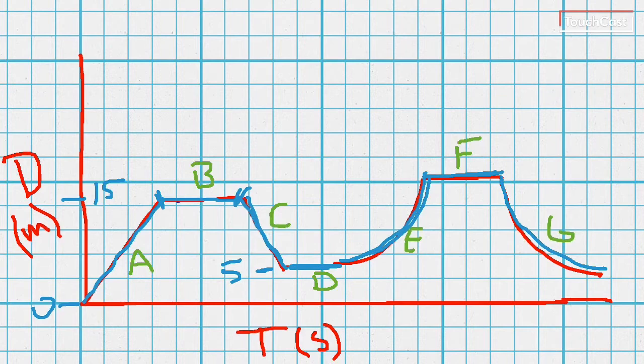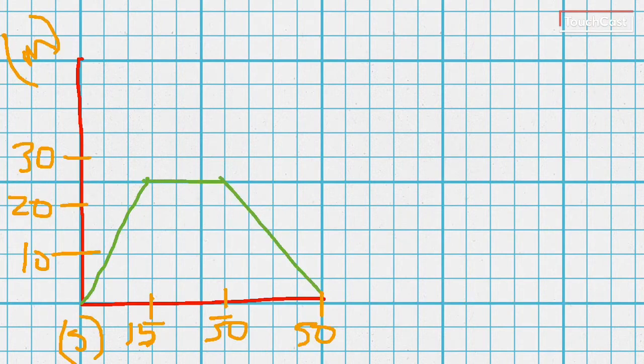Okay, now I've drawn a little bit more basic graph, mostly just to simplify, but also to give us some room to work. Now we're going to take this a step further. We know what these slopes mean. We have slope A here, a straight line up, and that would mean some type of constant velocity away from us.